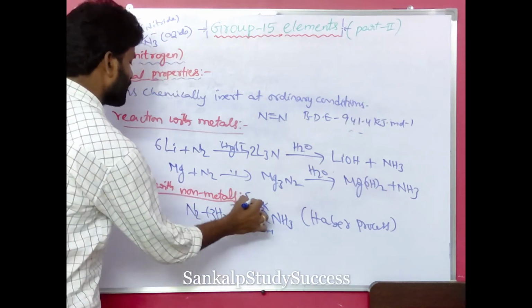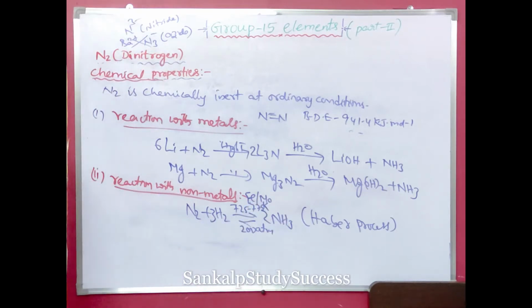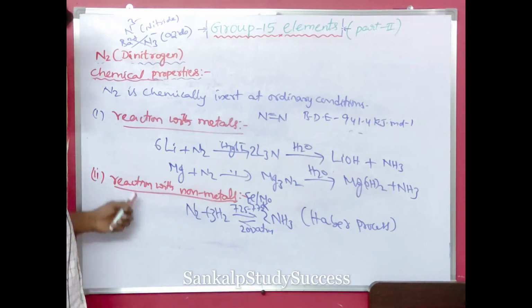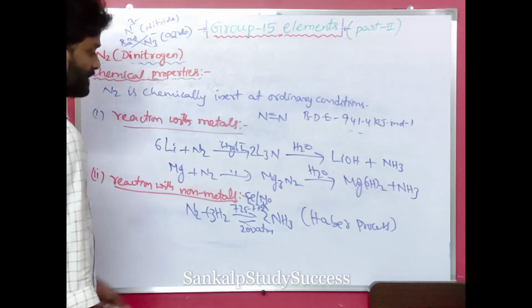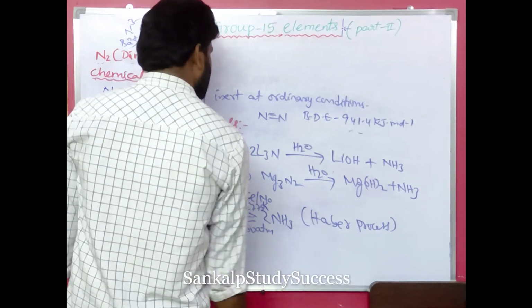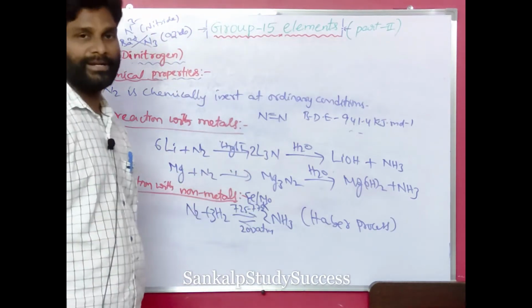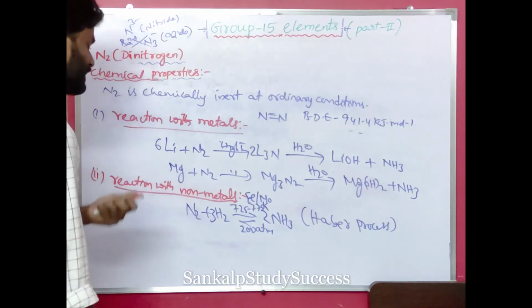The catalyst is iron with molybdenum. Hydrogen is a non-metal. This is the Haber method, an exothermic reaction. Here delta H is equal to minus 46.4 kilojoule per mole.